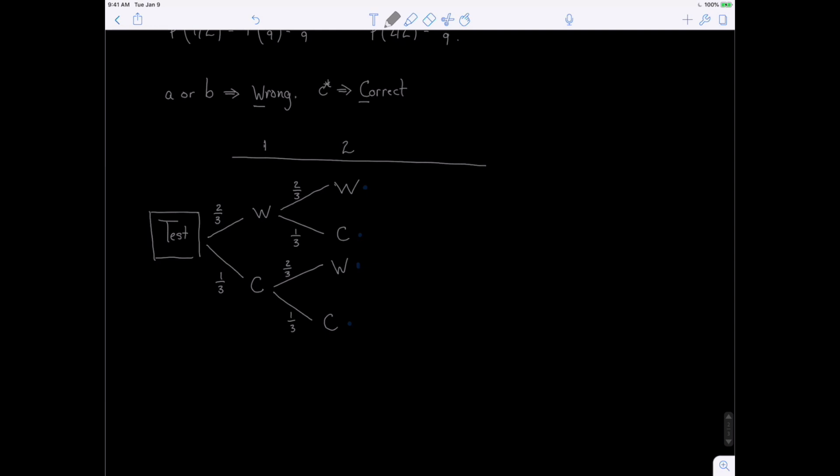So now, just like in the problem above, we said that I could multiply these weights. So the probability of a wrong and a wrong is equal to 2/3 times 2/3. Now these are our outcomes, I could label those.